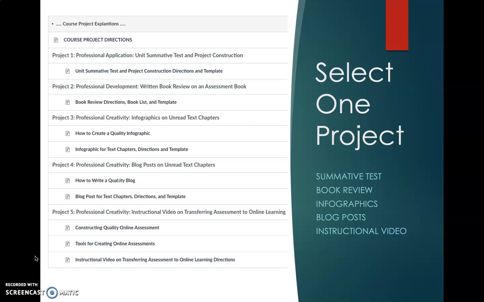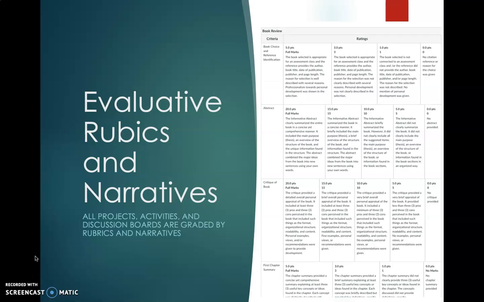So there'll be some options for you to do your projects. All of these projects, all of your discussion boards, all of the activities, there'll be a rubric attached to it, which I'll expect for you to look at before you submit, so that you can meet the objectives of the rubric, and that's how I'll evaluate your project or activity.